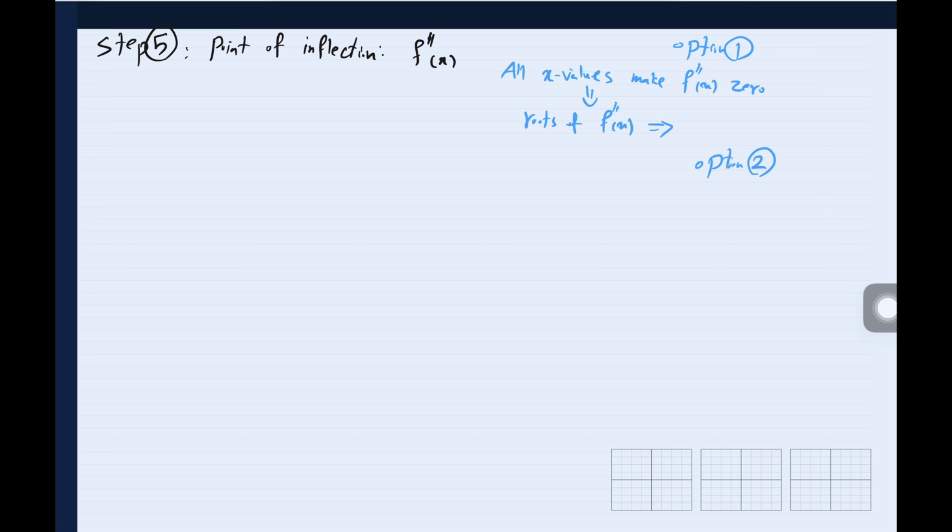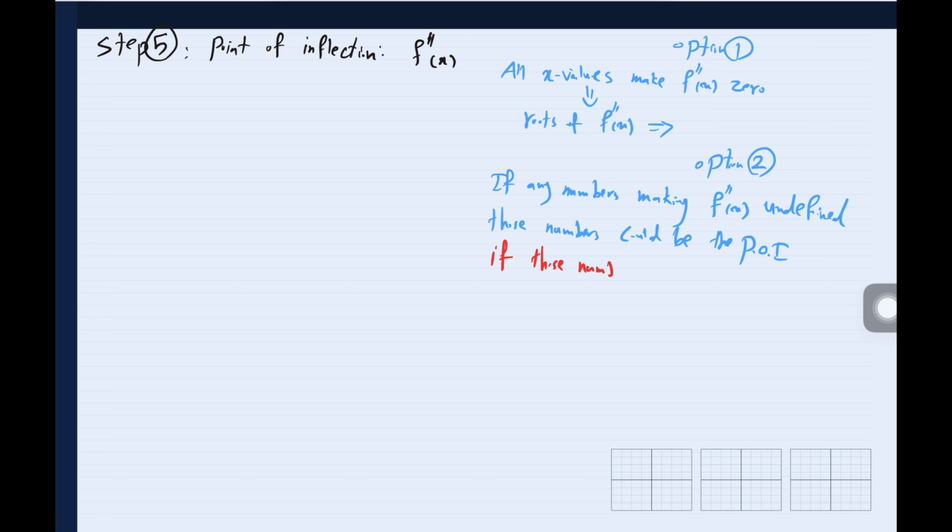is, if any numbers make f double prime x, the second derivative, undefined, then those numbers could be the point of inflection if those numbers are valid numbers, which means those numbers have to be in the domain of the function.